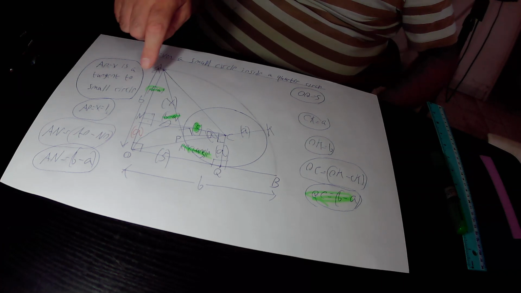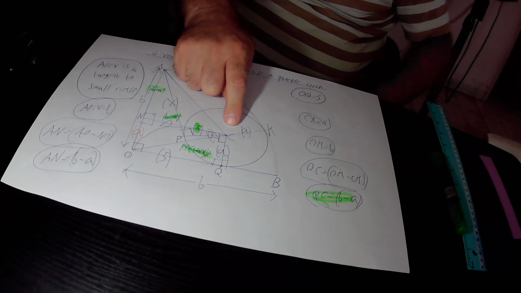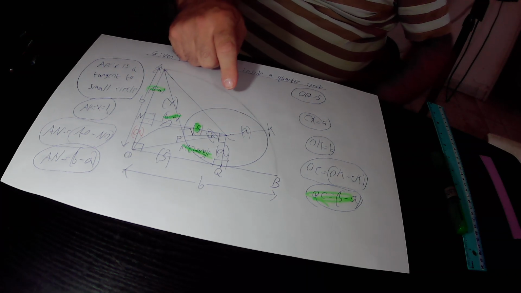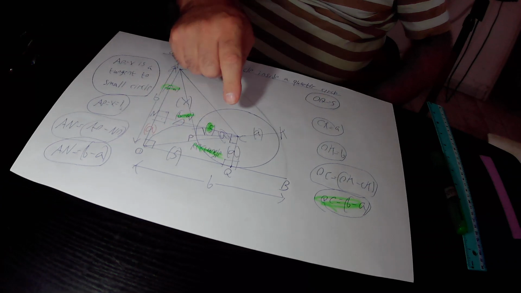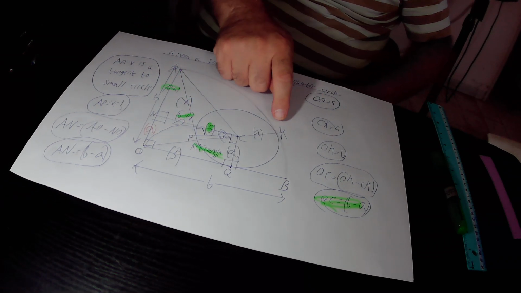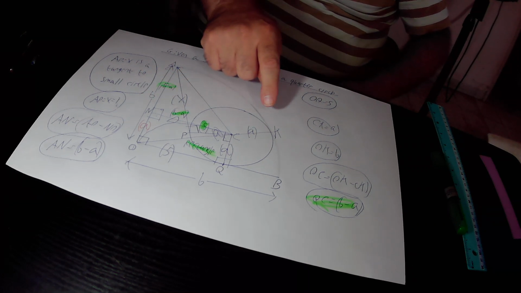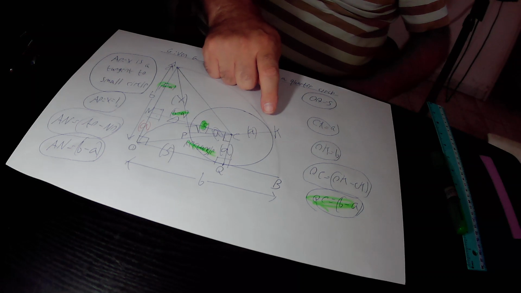The center of this quarter circle is at point O. The center of this small circle is at point C. And the straight line that connects the centers together is of course the straight line OC. According to rule 9, the straight line OC must pass through their tangent point at this point K.